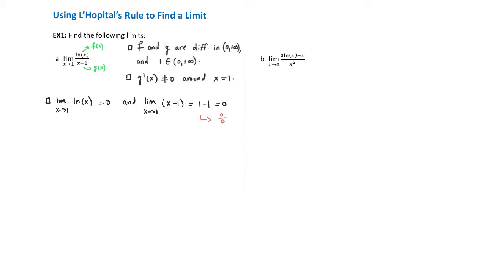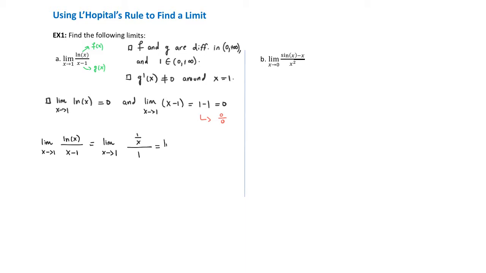So that implies that the limit as x approaches 1 of the natural logarithm of x divided by x minus 1 will be equal to the limit as x approaches 1. And now we're going to differentiate the numerator. The derivative of the numerator is 1 divided by x, and the derivative of the denominator happens to be 1.